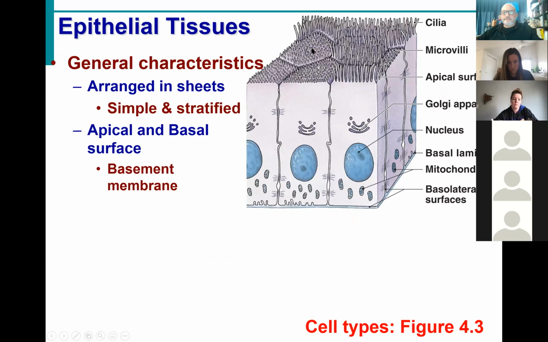Notice here, we see our polar cells that have microvilli or cilia on their apical surface with nothing above it, so that free space. Here we see the basal surface and that little bit of glue, that basement membrane that's down there as well.